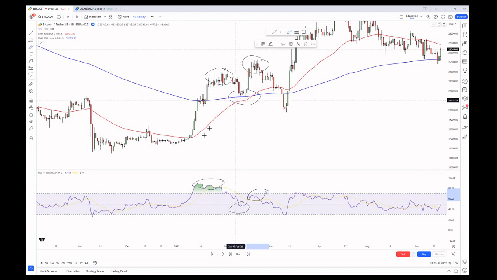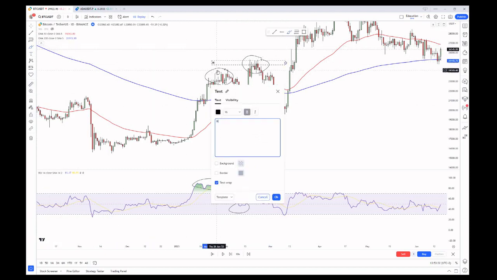But as you can see, it made a low here, and then it went back up again and made a higher high. So let's say text. So this is a high.